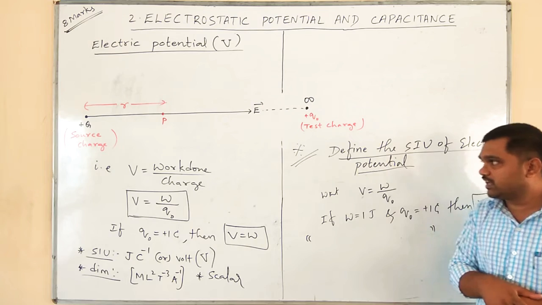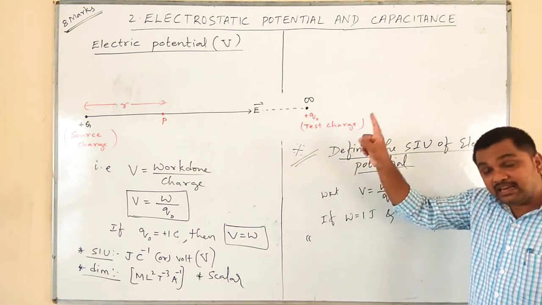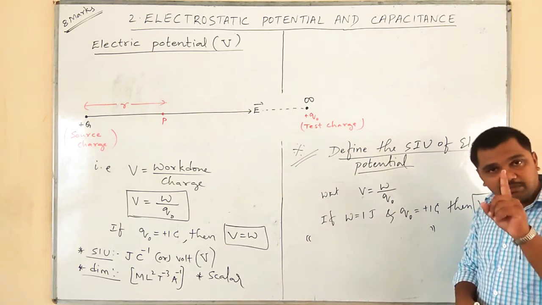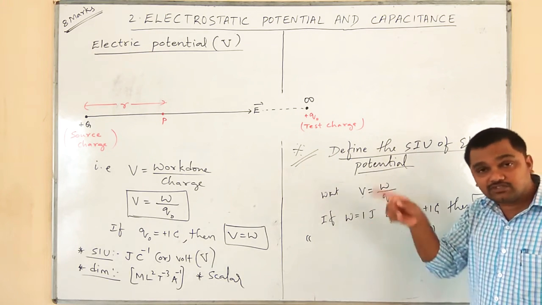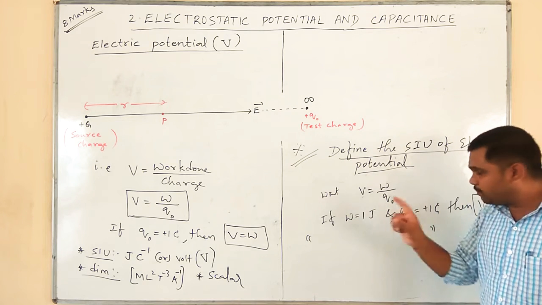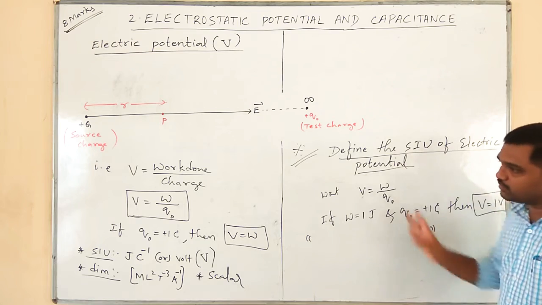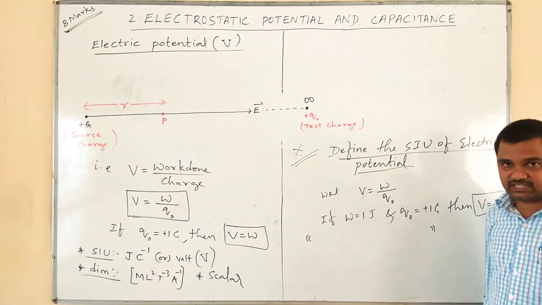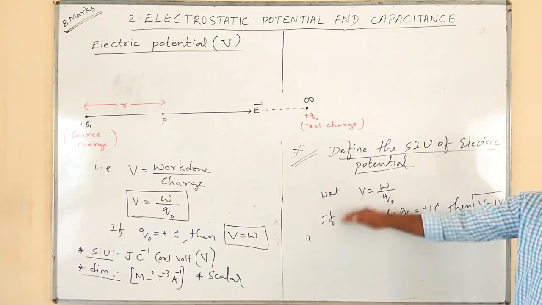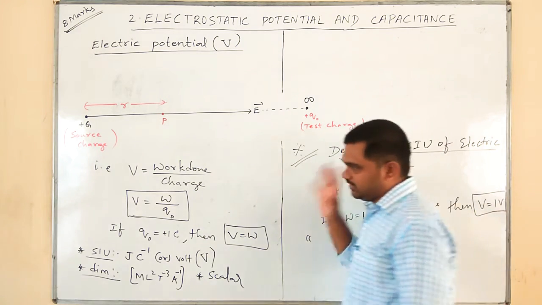I will repeat once again. Electric potential at a point in an electric field is said to be 1 volt if 1 joule of work has to be done in order to bring plus 1 coulomb of charge from infinity to that point against the field direction. Like that, we usually define the SI unit of electric potential.